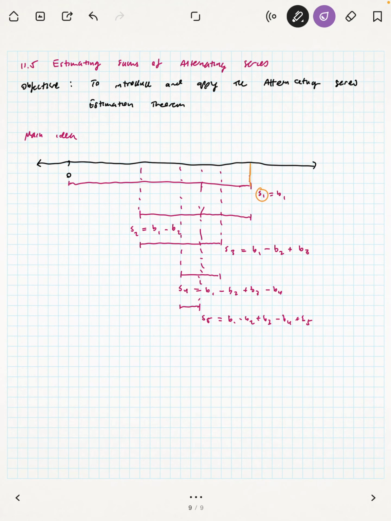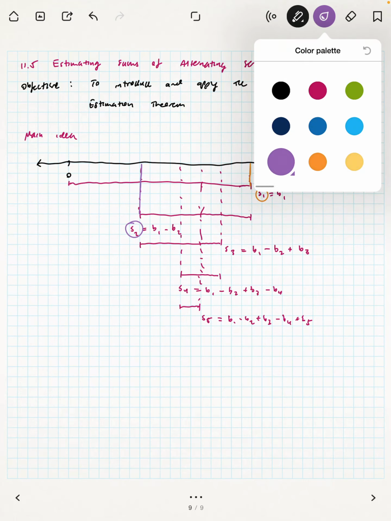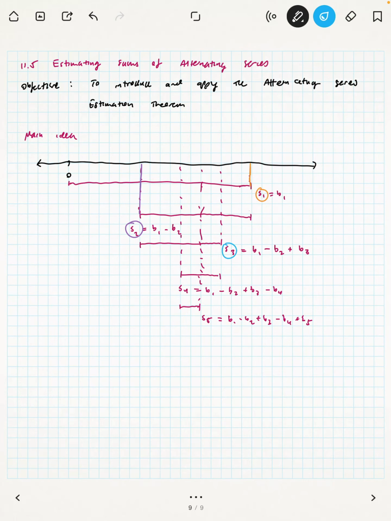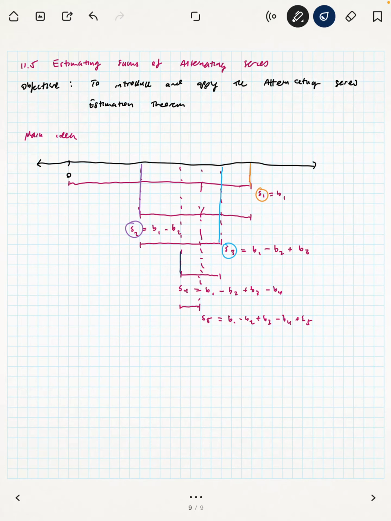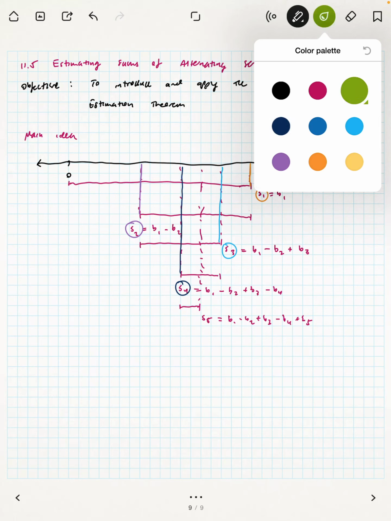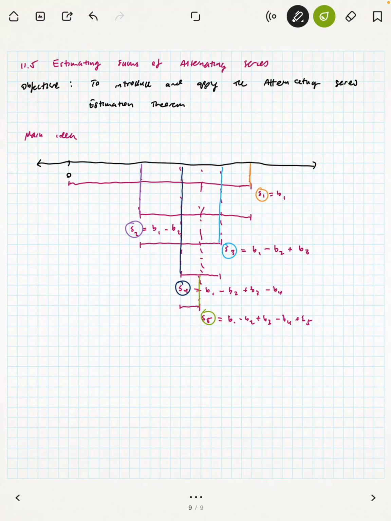So here's the first partial sum, here's the second partial sum, here's the third partial sum, here's the fourth partial sum, and here's the fifth partial sum. Okay, why am I going through all this? Again, we already saw this picture.